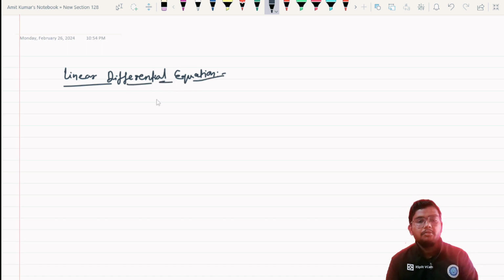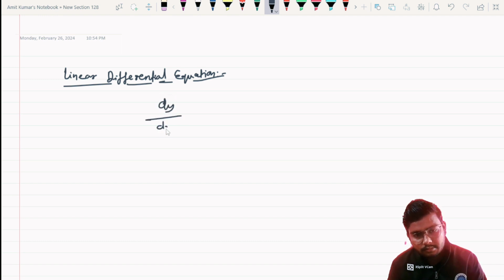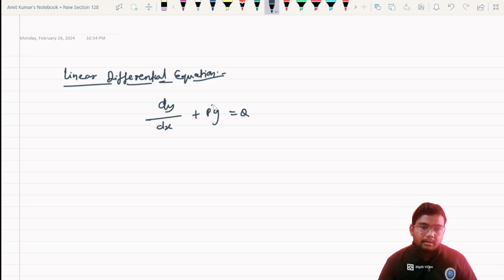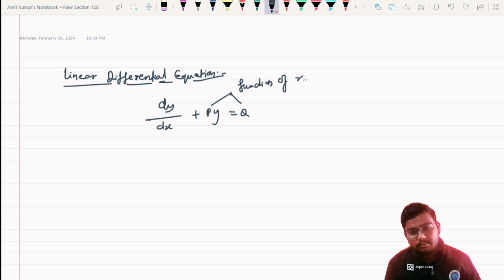First, we can have dy by dx plus py equal to q. The condition is that p and q should be functions of x or constants. This is required.